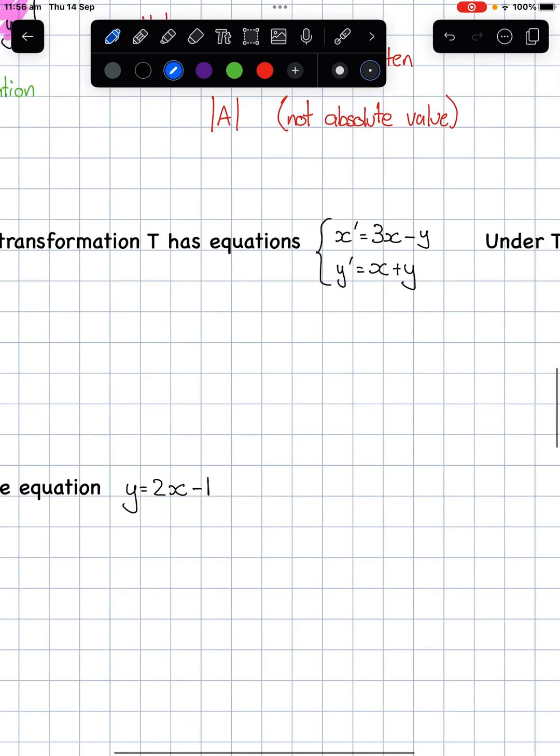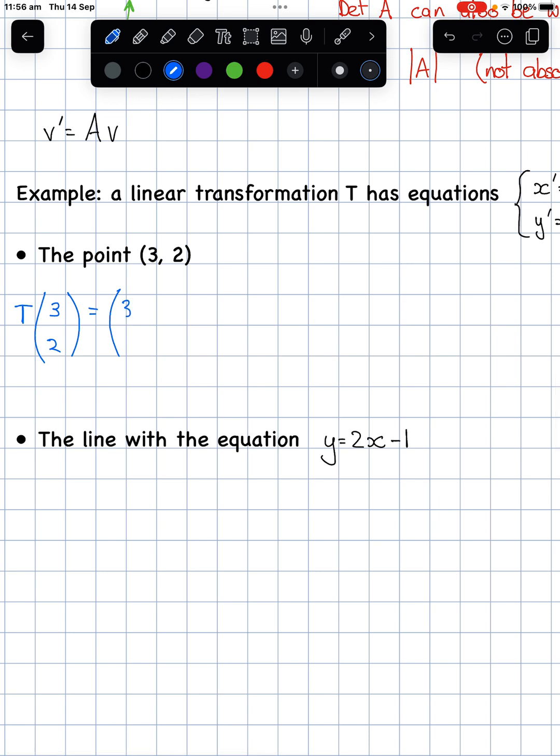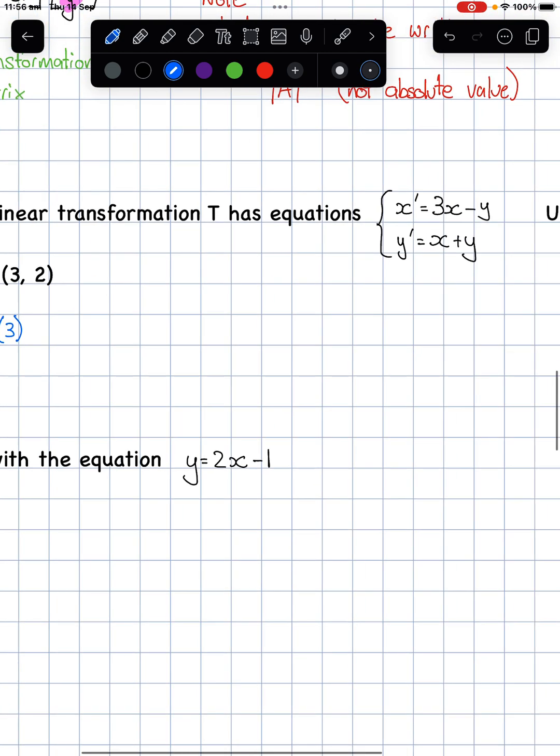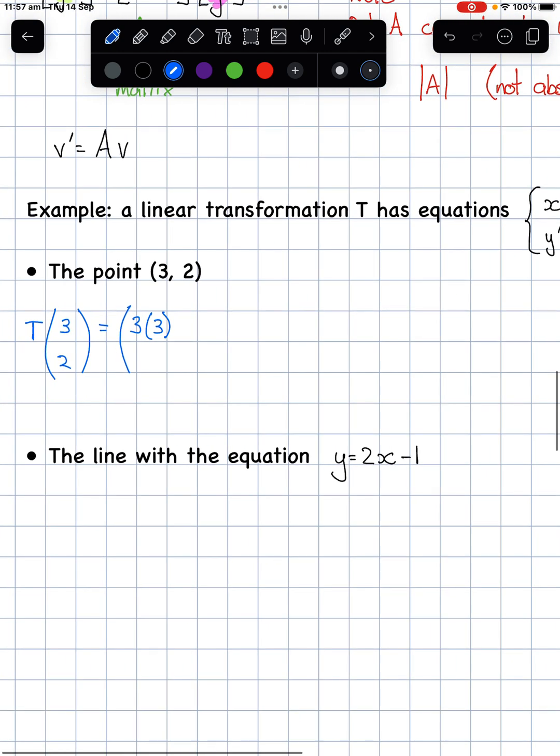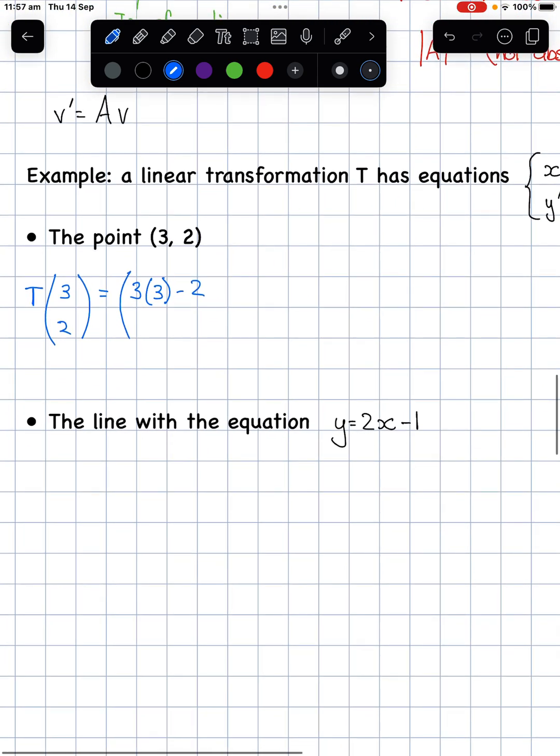this would be given by 3x, so it would be 3 times 3 minus y, which is minus 2, and then our other bit, x plus y, would be 3 plus 2.